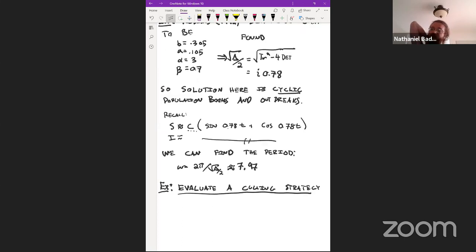In this case, a culling strategy, we're just going to take a certain percent of possums, whether they're sick or not. And let's call that percent that we're going to take off K.